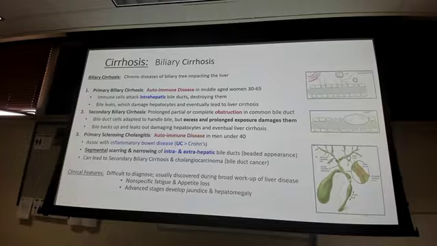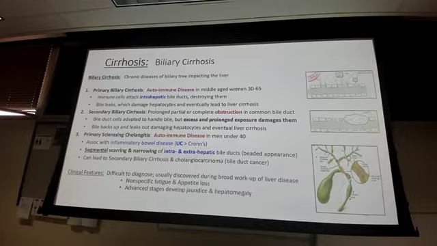Now, the liver makes bile, and it's pushing it out. When that bile is leaking out from those ducts and gets onto those liver cells, it can actually be toxic to the liver. It can start causing damage. It's like a detergent. It breaks down the walls of the hepatocytes.